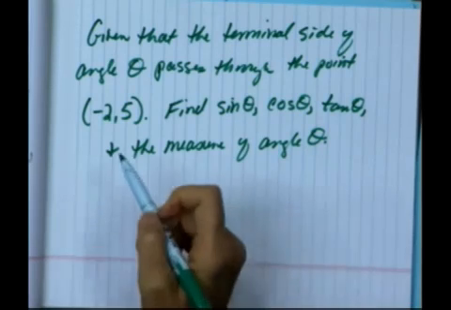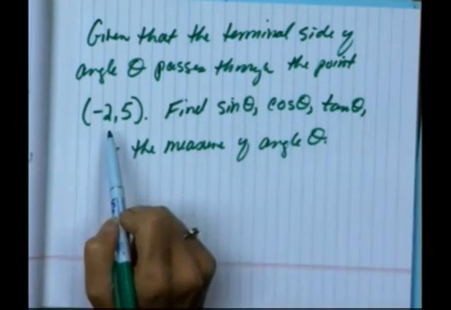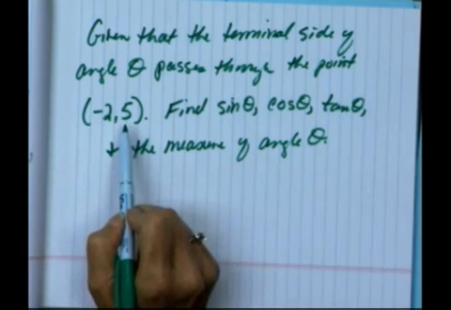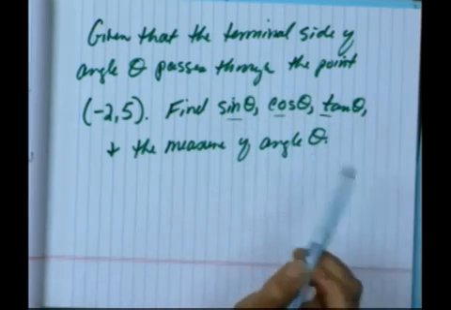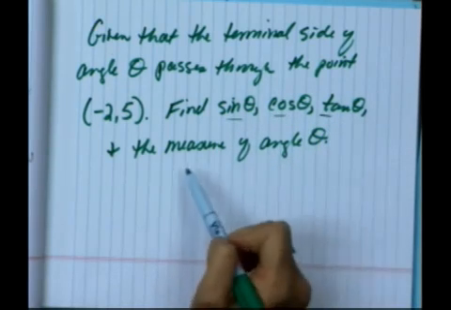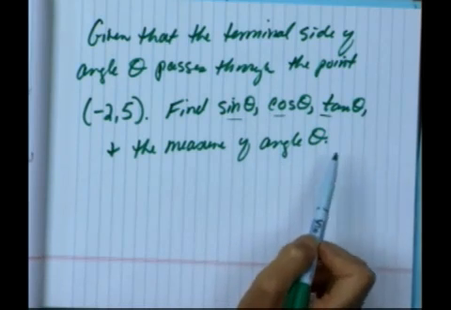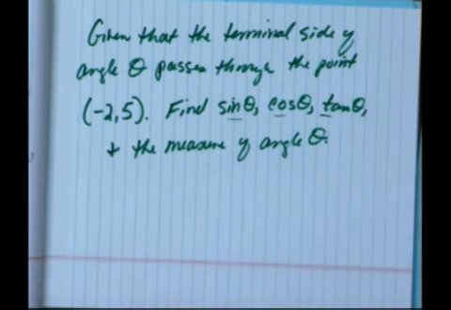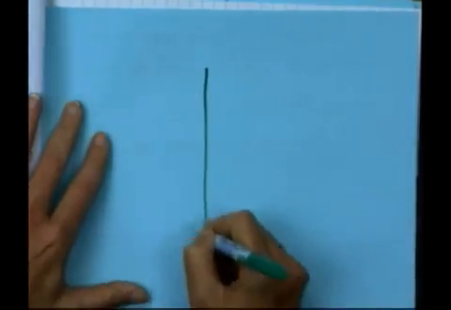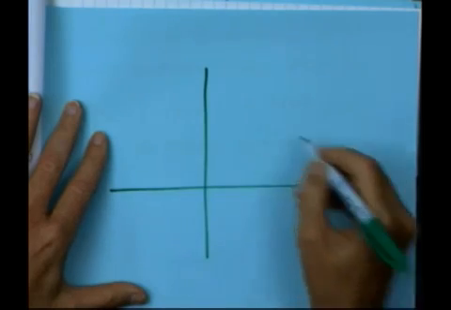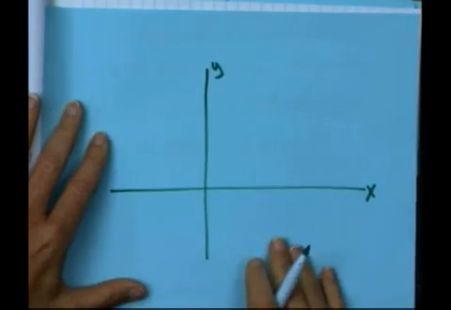We have an angle in standard position. It's going to pass through the point -2, 5. And we're going to be interested in finding the sine, cosine, and tangent of this angle, as well as the measure of the angle. All right, let's get a visual on this. Let's just draw this in blue so we can keep coming back to it. Here's the positive x-axis and positive y.